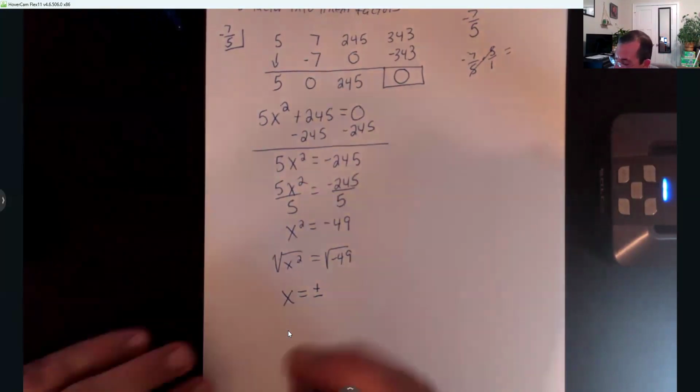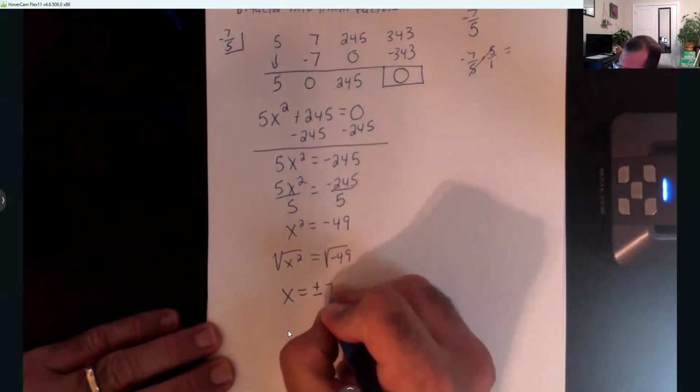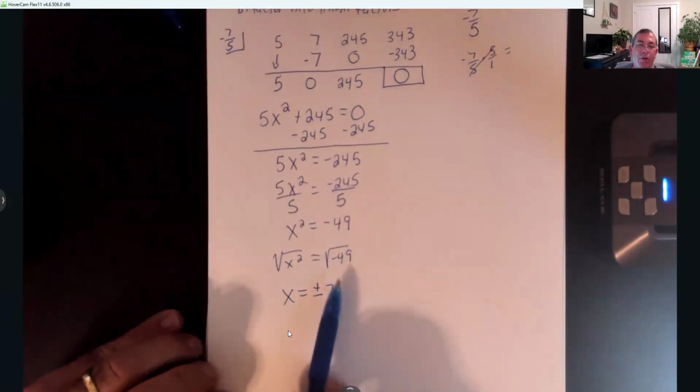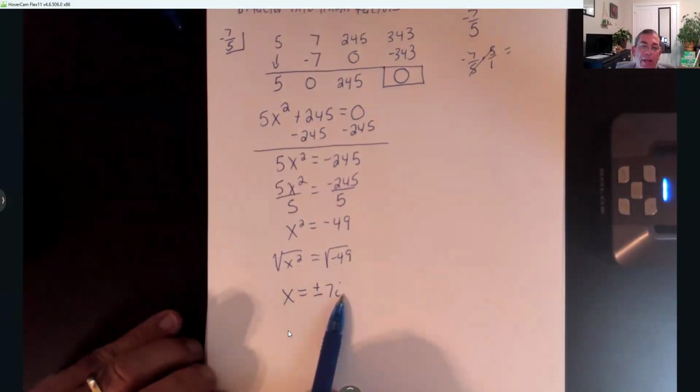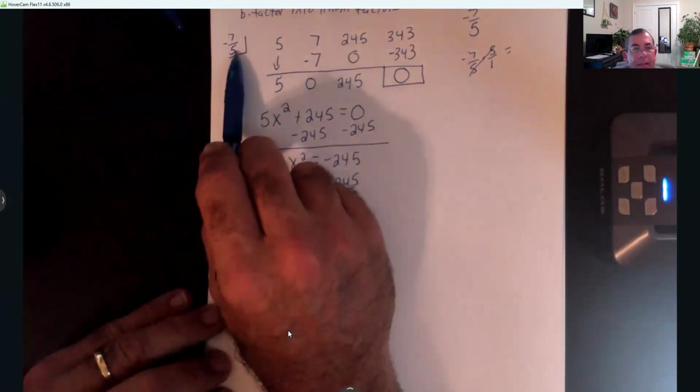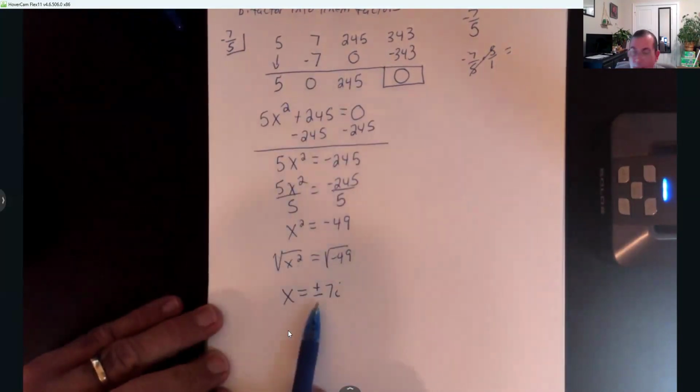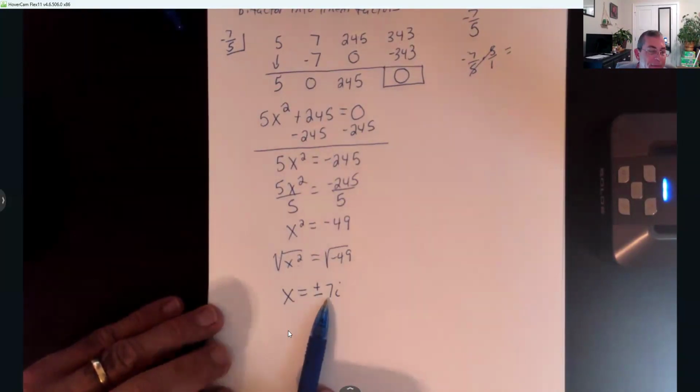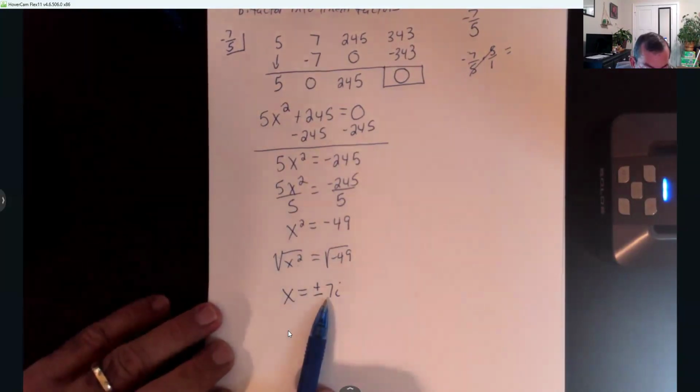So 7i, good job. So we get a plus or minus 7i. So when you have a negative under that radical, you will get imaginary answers. So y'all, the negative 7/5 is a rational zero. The 7i, negative 7i are other zeros.